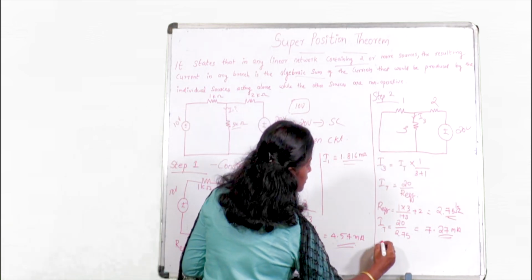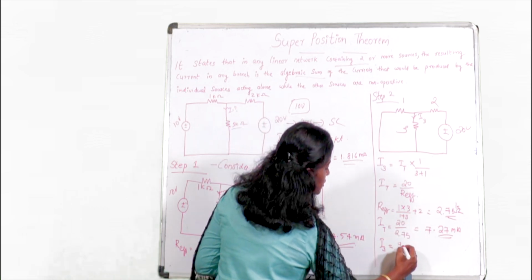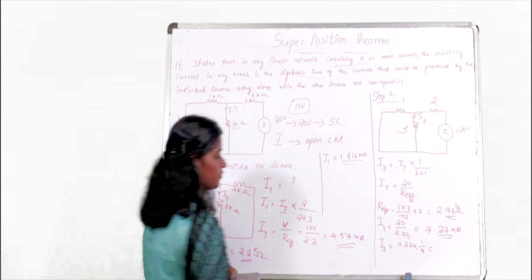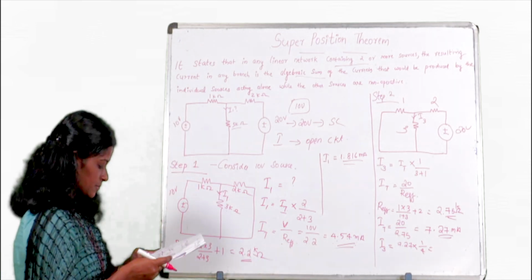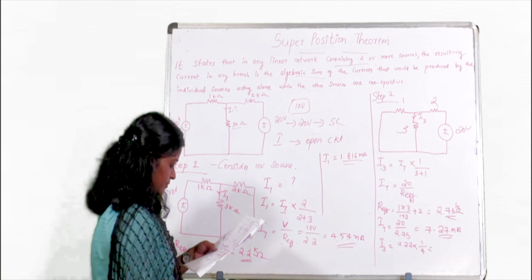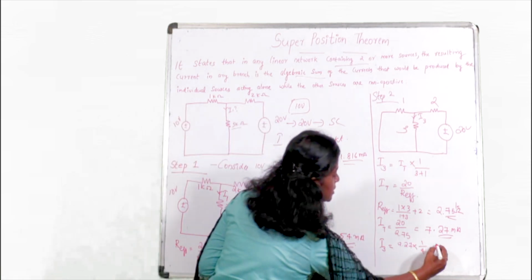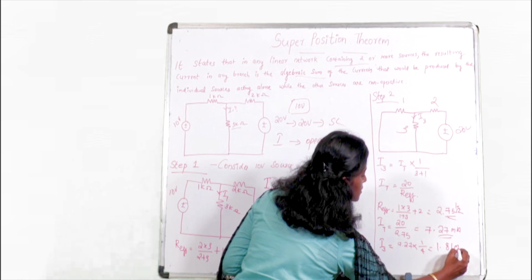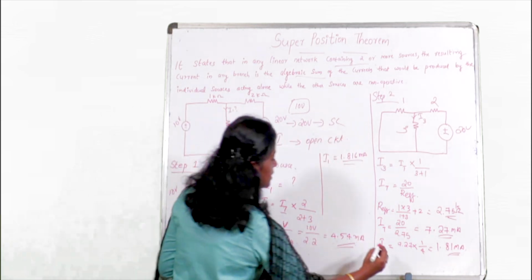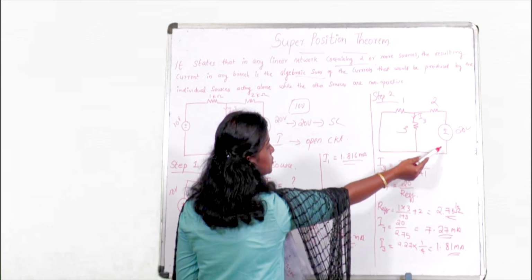Next here again we are applying the current division rule. So I3 will be equal to 7.27 into 1 divided by 4. So here you will get 1.81 milliampere. So finally, I3 is the current flowing through the 3 kilo ohm when the 20 volt source is acting.